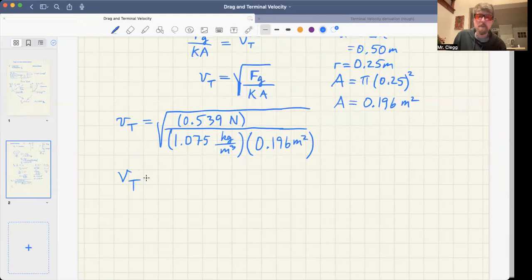I'll do this one with you on screen here just because I think it can be a little complicated. So we're going to clear our calculator. We're going to start by just typing in the numbers inside. So we're going to put 0.539, and then we're going to hit divided by 1.075.